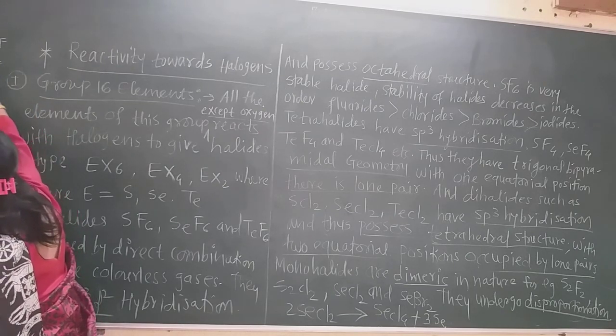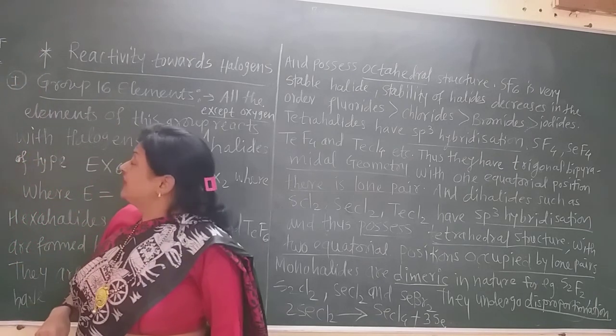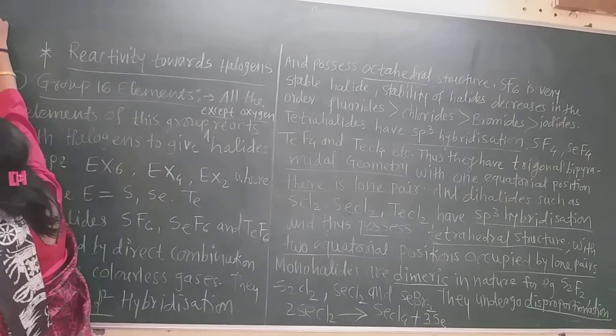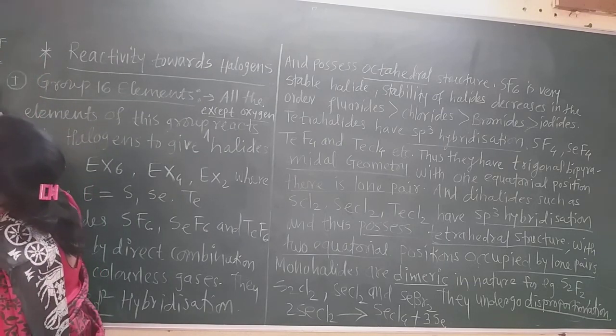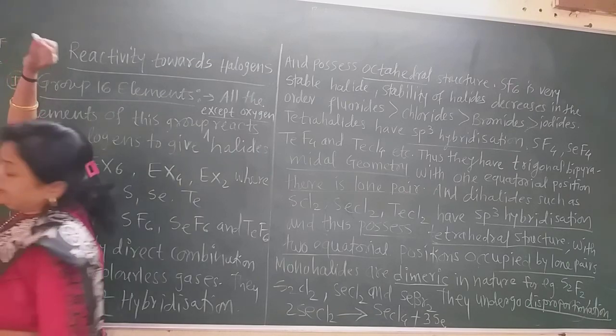That is, the square is there and on the four corners there are fluorine atoms, and one is above and one is below, and thus they form the octahedral geometry in this way.